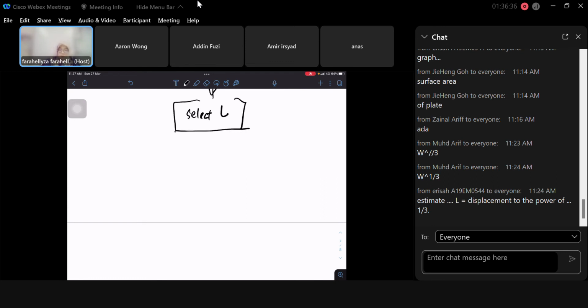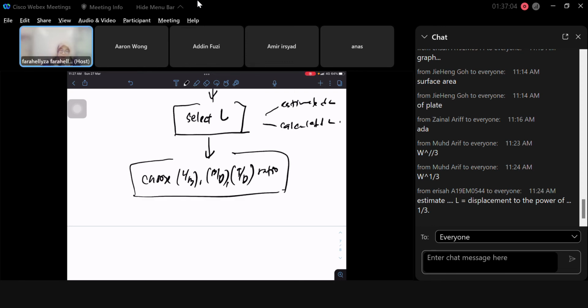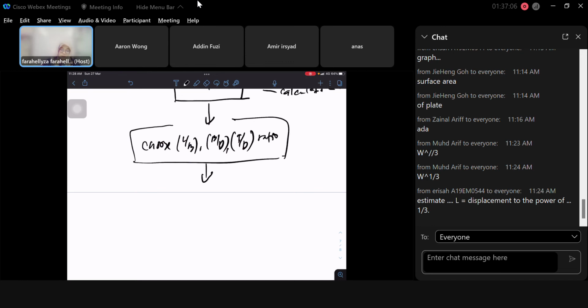So select L, or you can also use estimated L, or you can use calculated L. Then you choose all the ratios: L upon B, B upon D, T upon D ratio. Then you work out the displacement. So you find the W is equal to displacement.